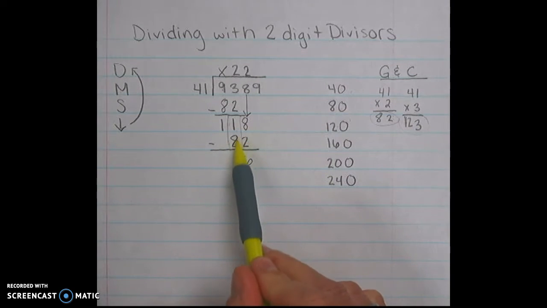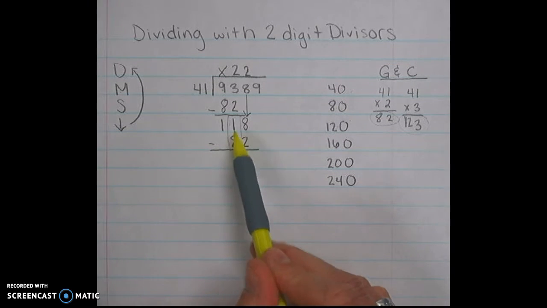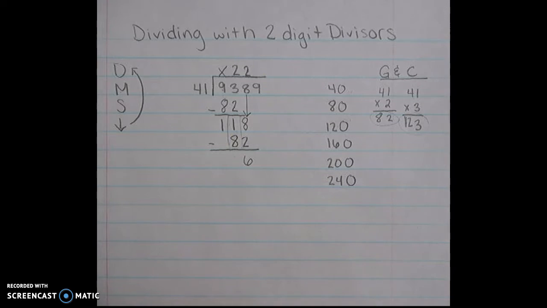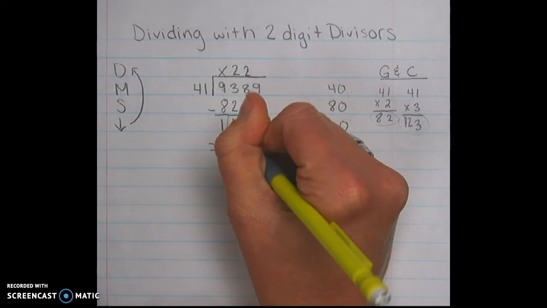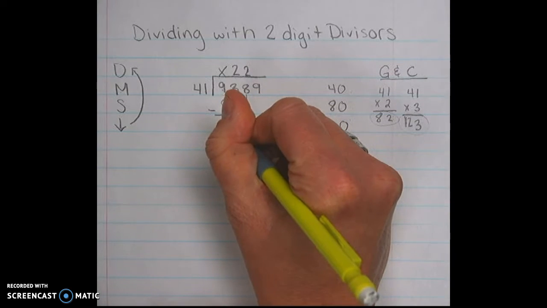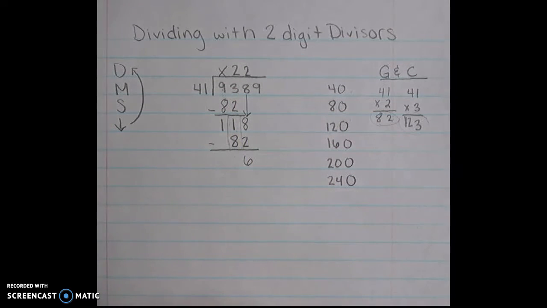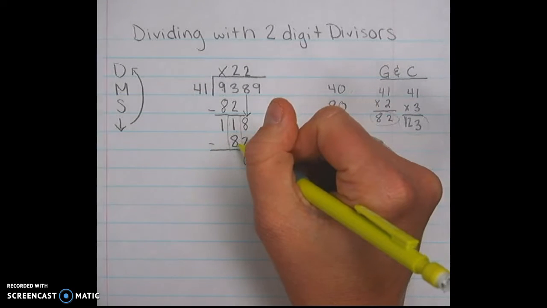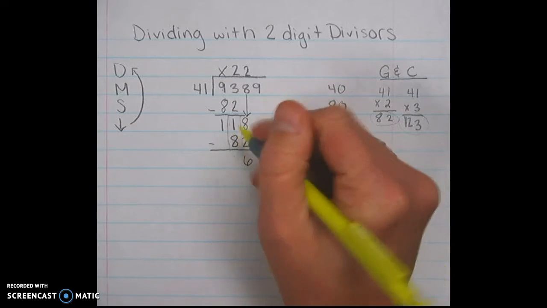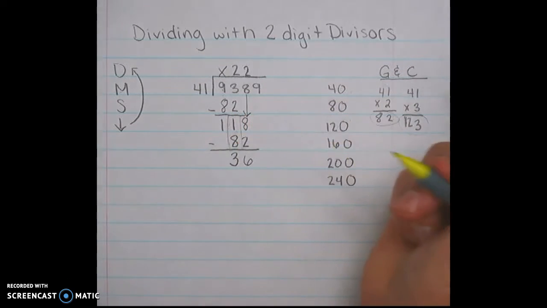And here I would have to borrow. You have to remember, don't try to take 8 from 1 and say that it's 7, because that doesn't work. You actually would have to borrow, and this then would become 11. So it really just makes sense to do some mental math here. If you think about it, you have 2 more to 10, plus 1 more would be 3. Okay, so we have 36 left.